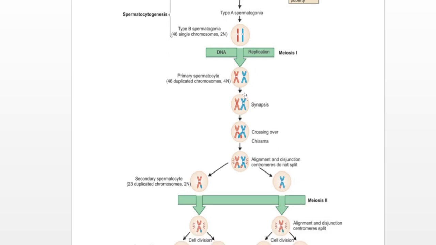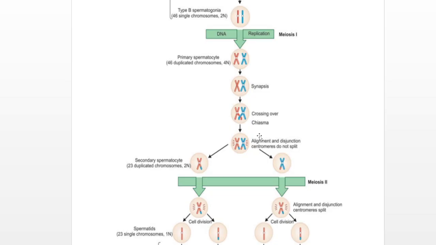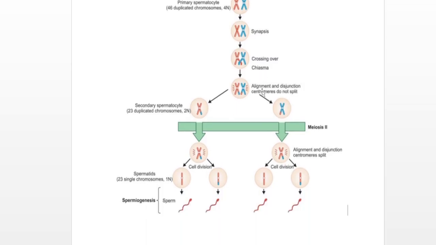The primary spermatocyte then undergoes synapsis, crossing over and chiasma formation to form the secondary spermatocyte. The primary spermatocyte is diploid whereas the secondary spermatocyte is haploid, because up to here mitosis is involved in the formation of the primary spermatocyte, whereas meiosis occurs during the formation of the secondary spermatocyte.